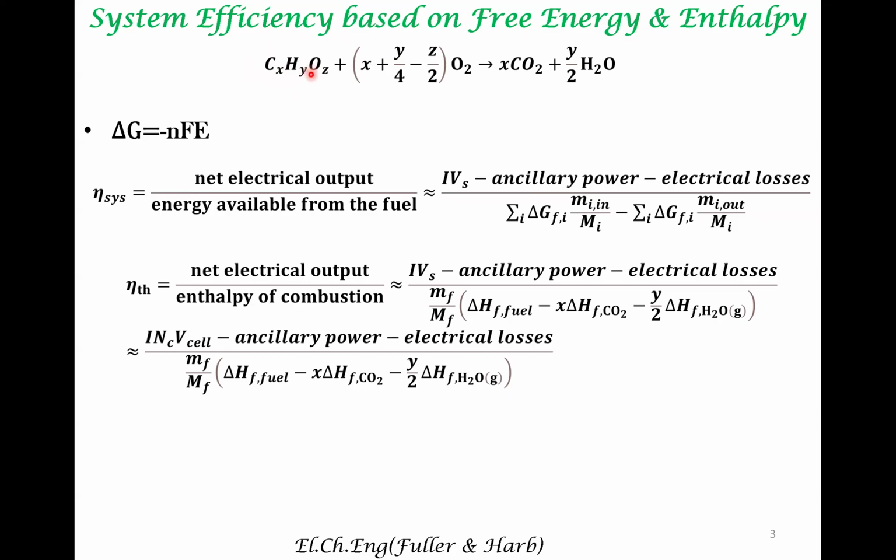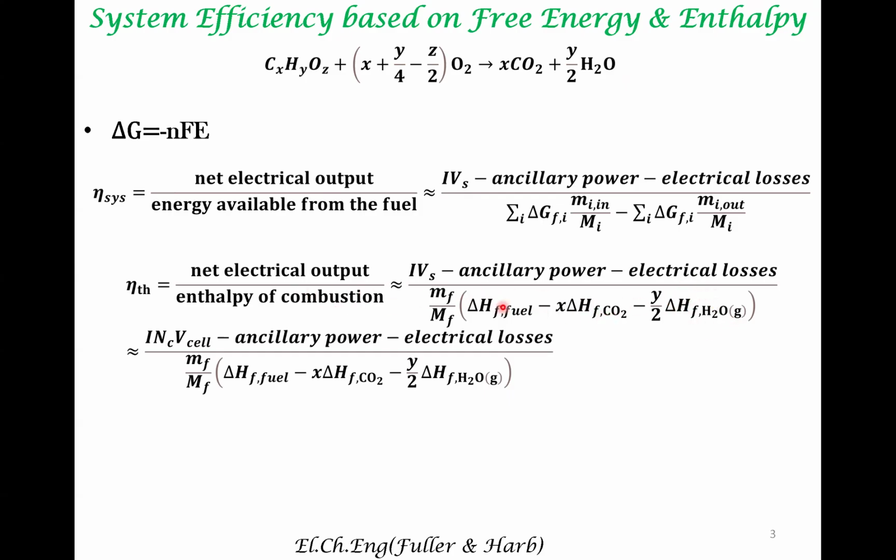This is the enthalpy of the fuel. You do not associate any enthalpy with O2 because O2 is a pure component. Enthalpy of CO2 is indicated by this symbol. Enthalpy of H2O is indicated by this symbol.